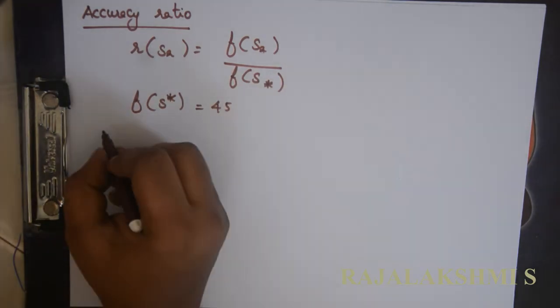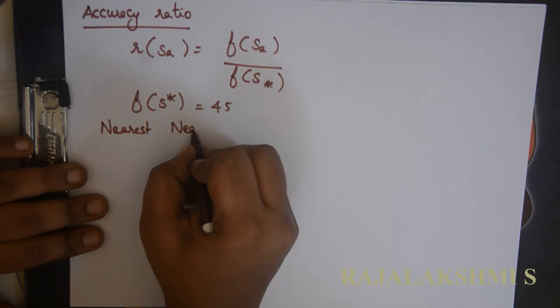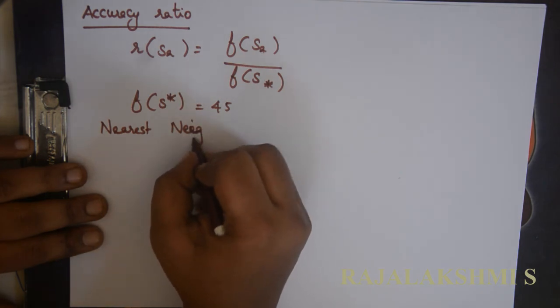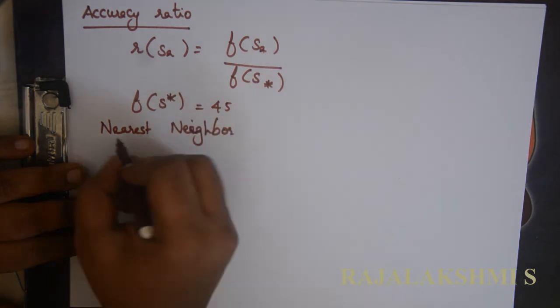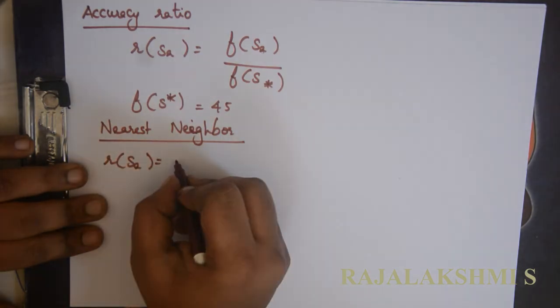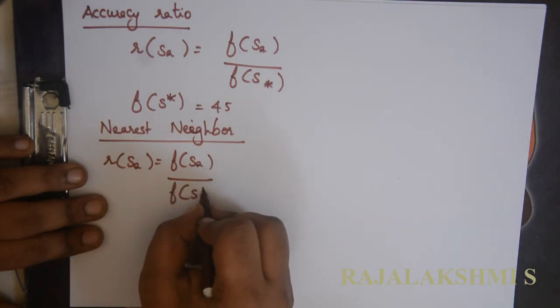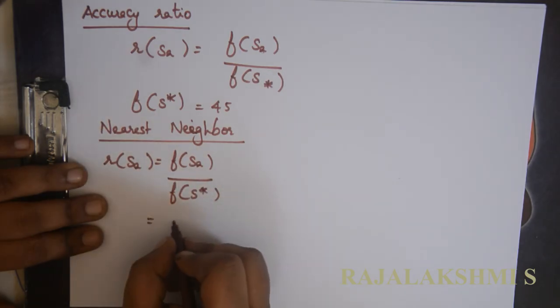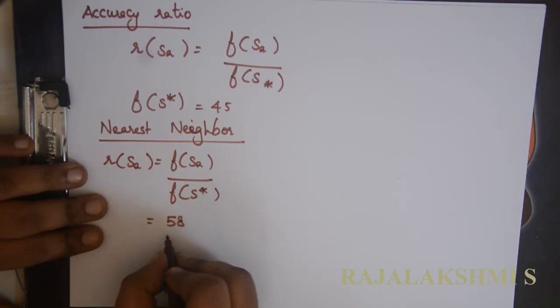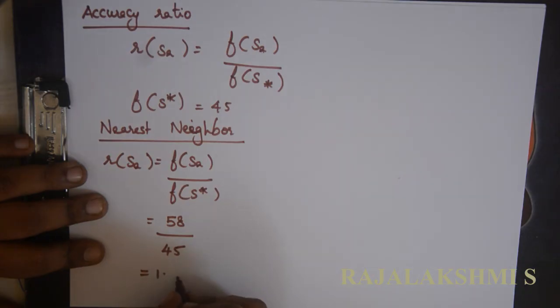So for the nearest neighbor, R of SA is equal to F of SA divided by F of S star. F of SA we obtained using the nearest neighbor algorithm is 58. Okay, so here we will be having 45. So the value will be 1.2888, right?